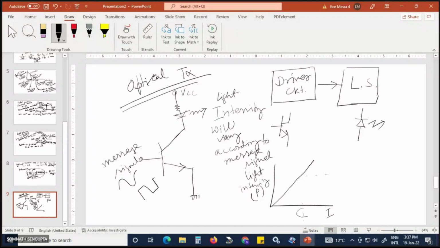If it is a square wave, then it will vary as a square wave. On off blinking, square wave means the LED will blink.